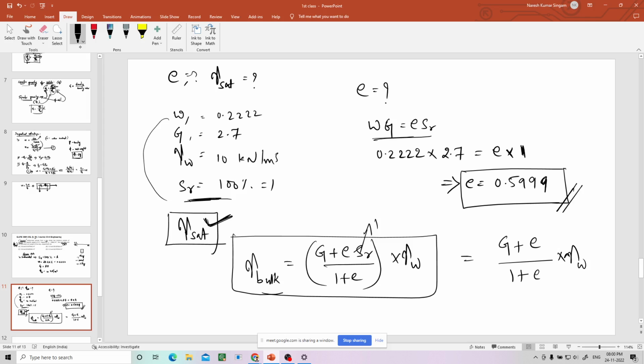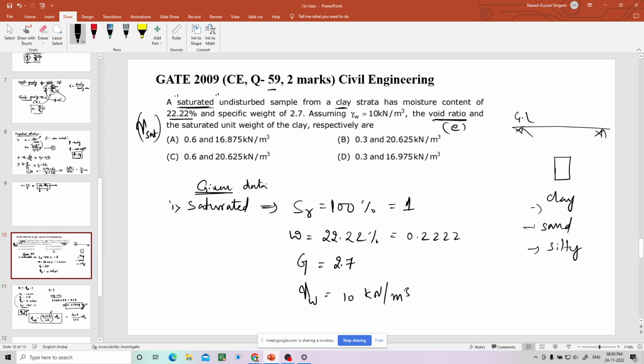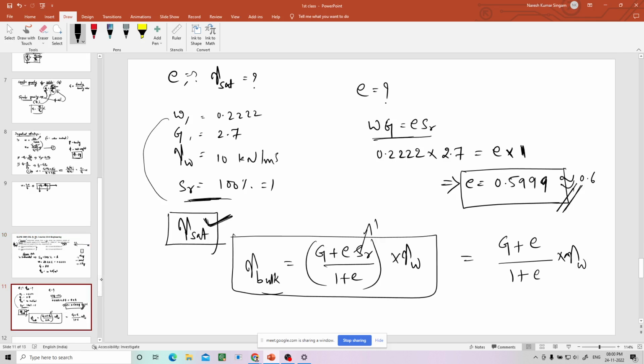See this one. Here, if you see the 0.5999, it is equal to 0.6. We don't have 0.5999 anywhere in the options. We have 0.6. One of these two options should be correct. That's why I'm taking 0.6 here. So if you use 0.6, G value 2.7 and gamma w 10, can you tell me what is the gamma sat? Because I'm using Sr as 1, that's why it is gamma sat.